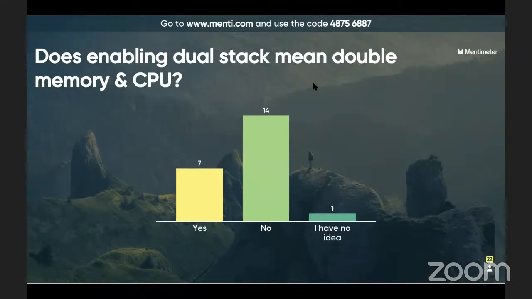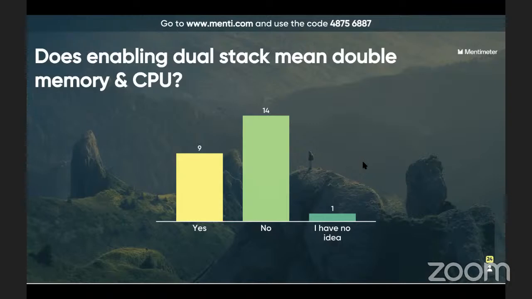Does it mean that this device is going to consume double the memory of what you're already consuming in IPv4? So of course, the answer, as the majority have it, is no.